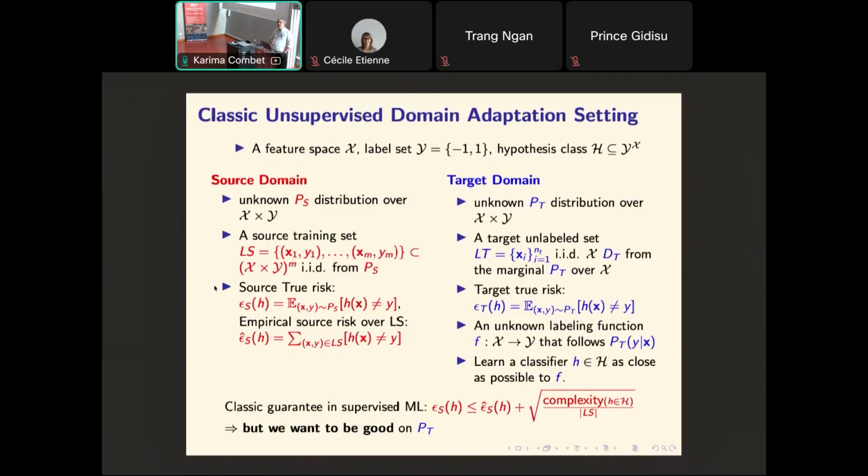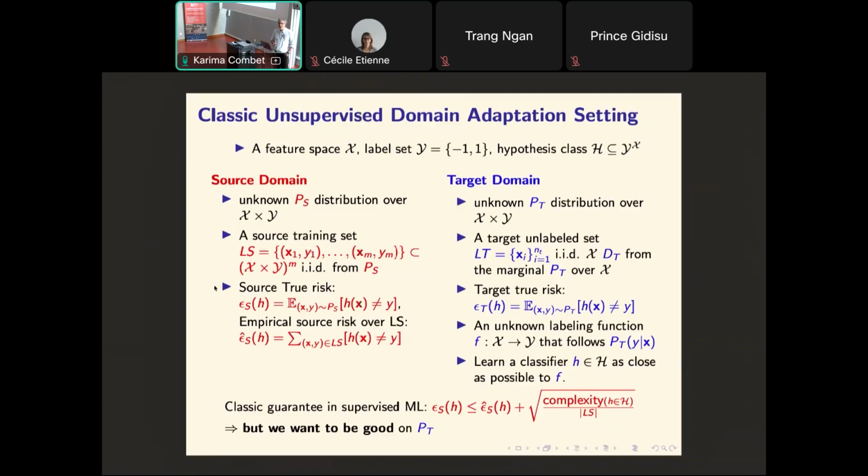In the classic machine learning framework, right? We assume that the data that we observe come from an unknown distribution, the source distribution here. And we observe a labeled source training set from this distribution. And our objective is to be able to learn a model H that has a very low risk or very small probability to commit an error.